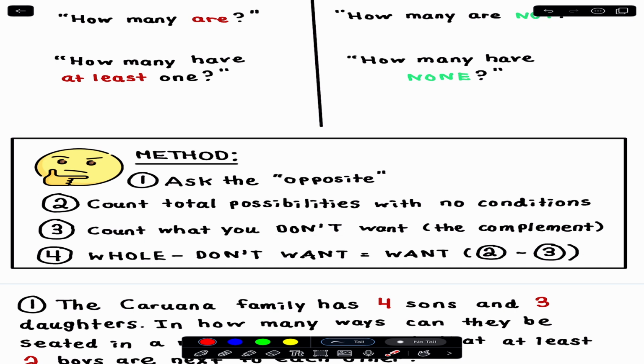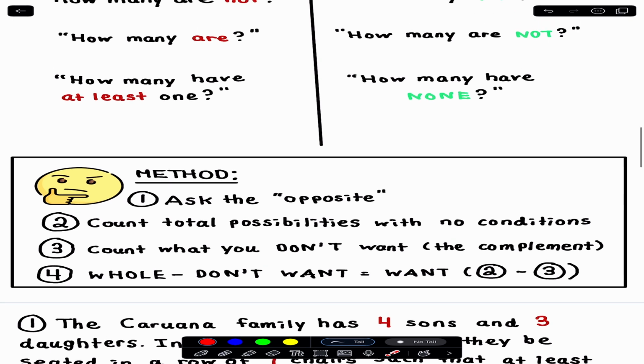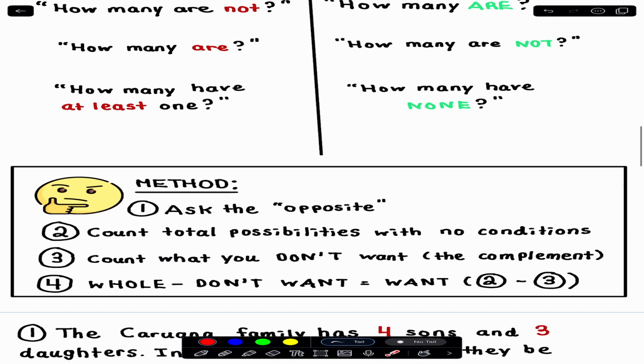So we need to subtract from the total possibilities to get what we do want, which is why step number 2 is just as important. But a lot of times I would forget step number 2. So I don't want you to forget that. Take care of the total possibilities first, just get that out of the way, and then you should get the correct answer because you won't forget it.